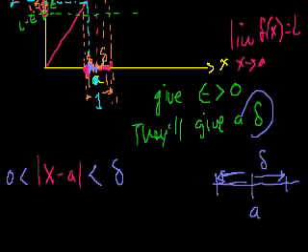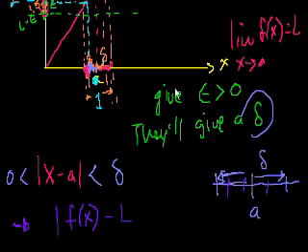As long as you pick an x value that falls here, or this x value, or this x value, I can guarantee you that when you take one of these x values and evaluate f of x at that point, the distance between that f of x and the limit point is going to be less than the number you gave them, right?